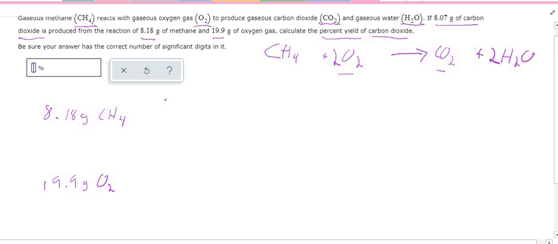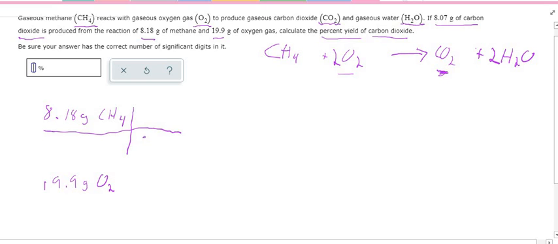We could choose either of the products to use our stoichiometry to get the limiting reactant, but because I read in the problem that we need to find the percent yield for carbon dioxide, let's make sure that we choose this as the product that we're going to use for both methane and oxygen. So let's get going. Never, never, never leave it in grams. We always have to go to moles.